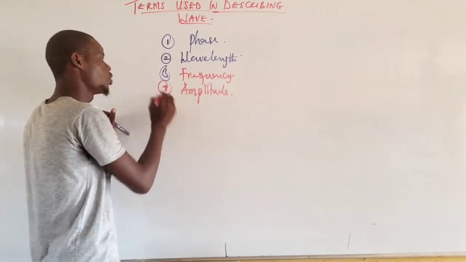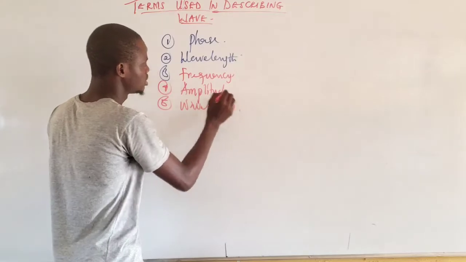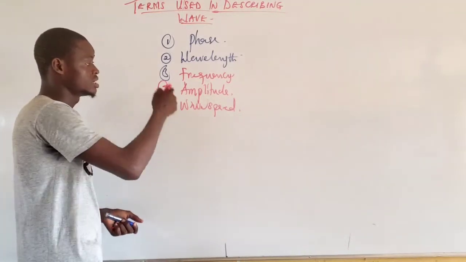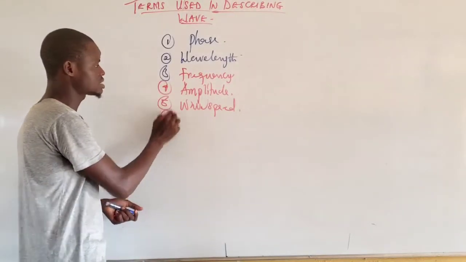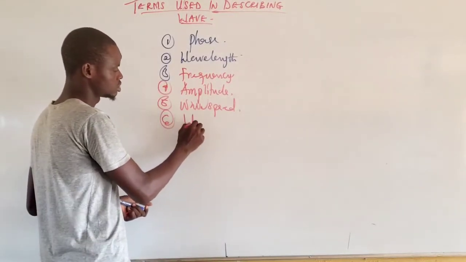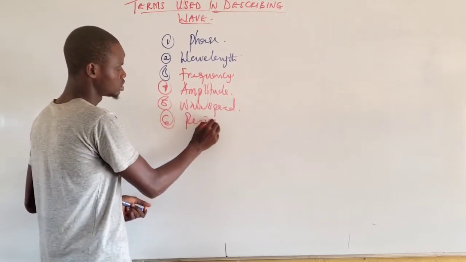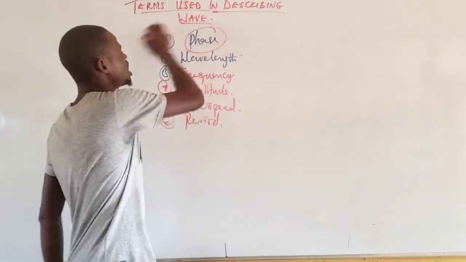Number five, the wave speed. And number six, the wave period, or let's say the period of the wave. Now let's take it from scratch.